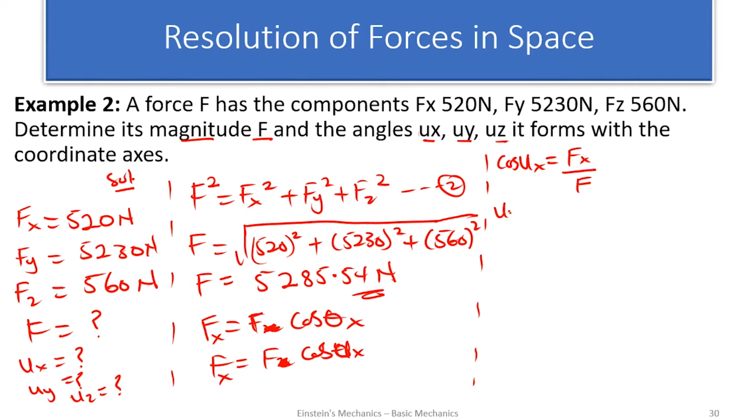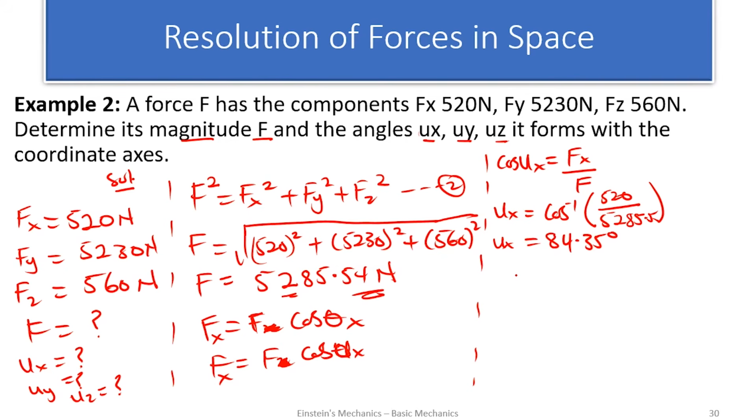So I'm getting ux to be cosine inverse of f of x, 520, on the magnitude f, which is 5285.5. And our ux, the angle this magnitude makes with the x-axis, is equal to 84.35 degrees.